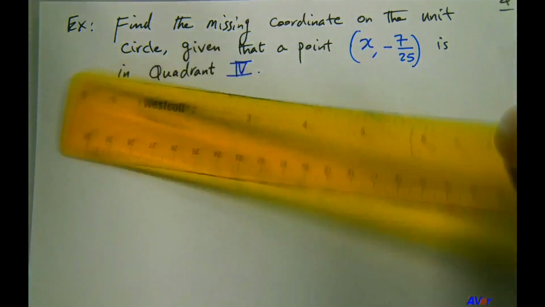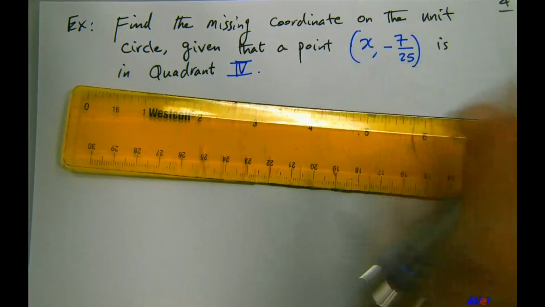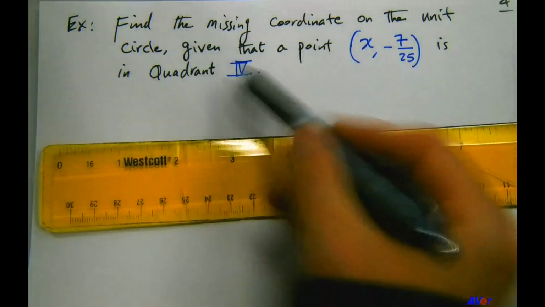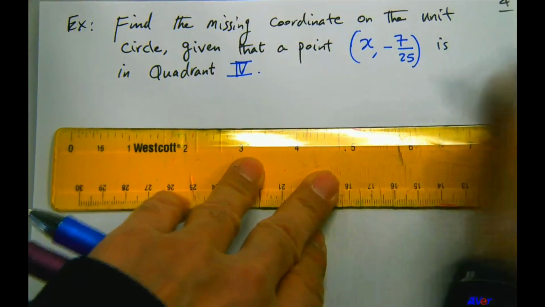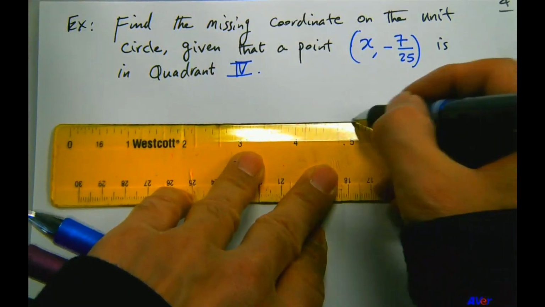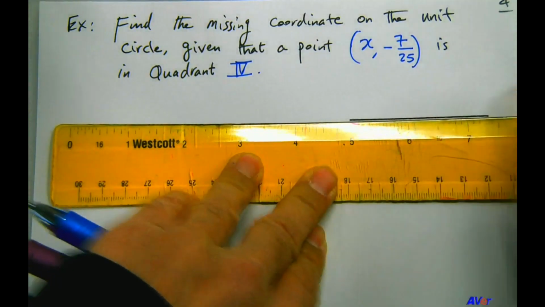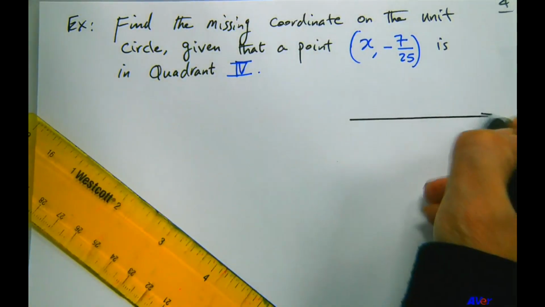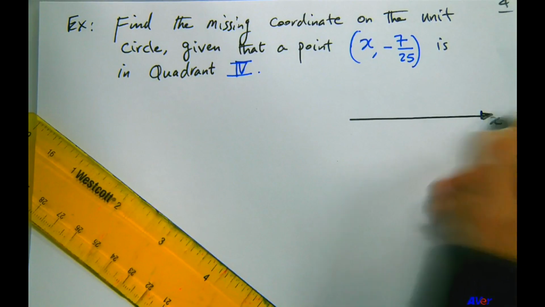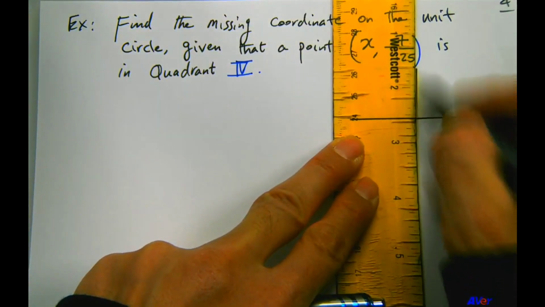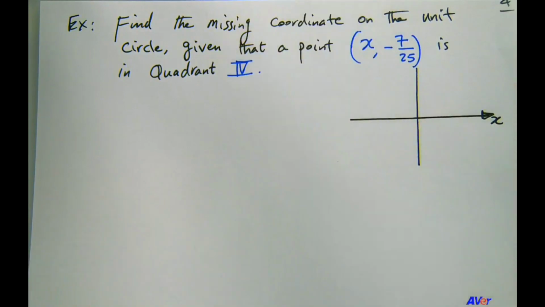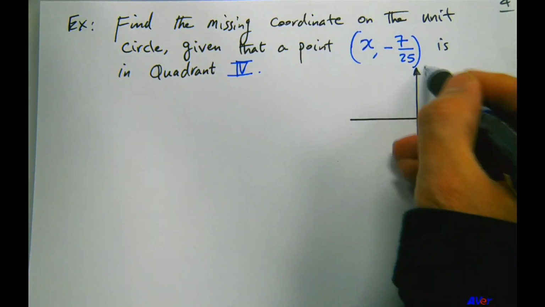So first of all, let's get a feel for where this point is. And all we need to do is draw a little picture to make us understand this problem a little bit better. So this is the x-axis and the y-axis.